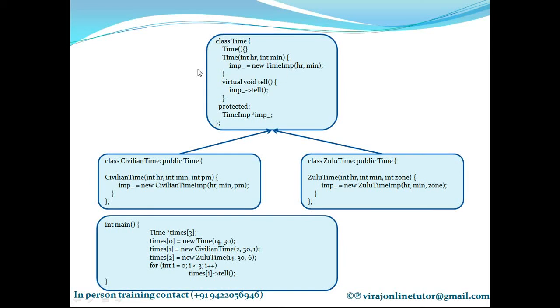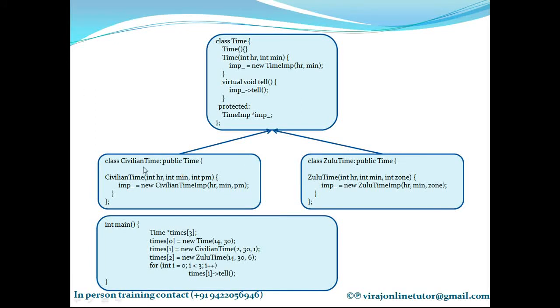Now just like from time IMP, I had inherited two different concrete IMP classes, one was Zulu time IMP, second was civilian time IMP. Similarly, inherit the civilian time and Zulu time from the time class.